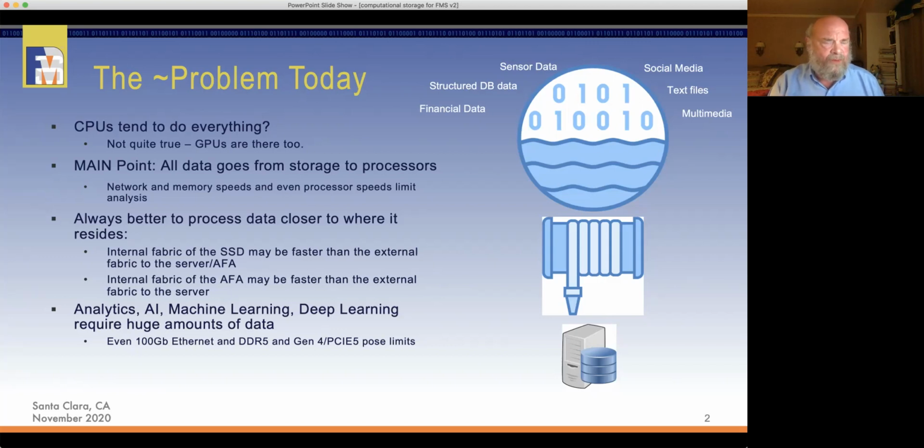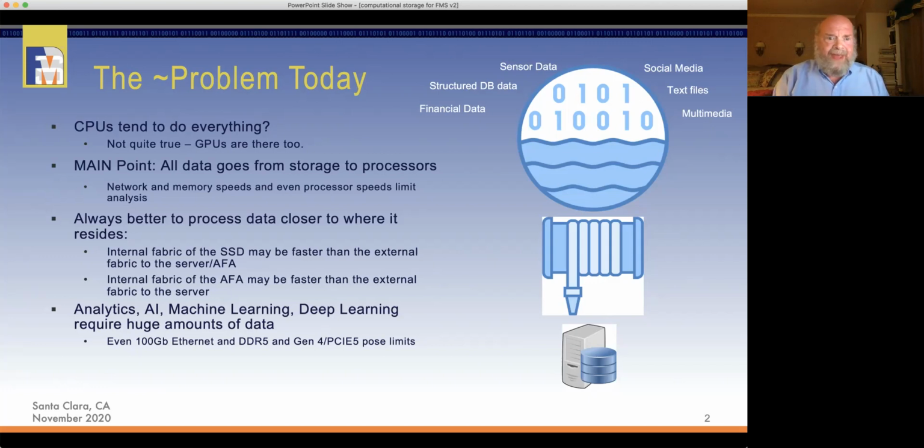Inside an SSD, for example, there is a pipe that goes to that SSD, NVMe or SAS, and inside there are a lot of flash lanes. There tends to be, normally, more bandwidth available inside than is taken advantage of on an average basis by the compute. So there's spare bandwidth that could be used to do additional processing or searching or statistics on the data.